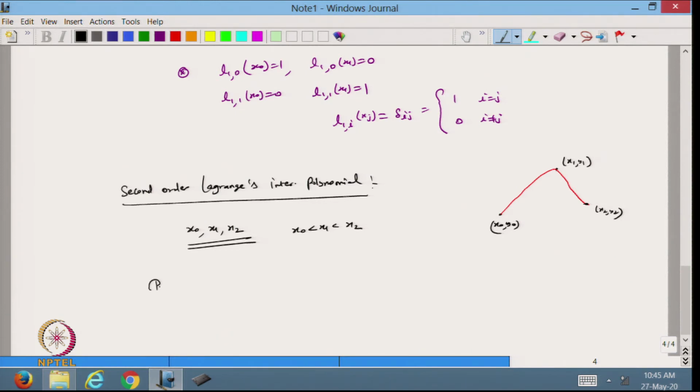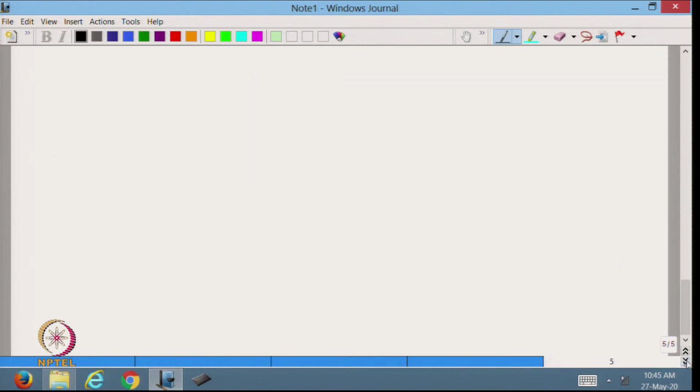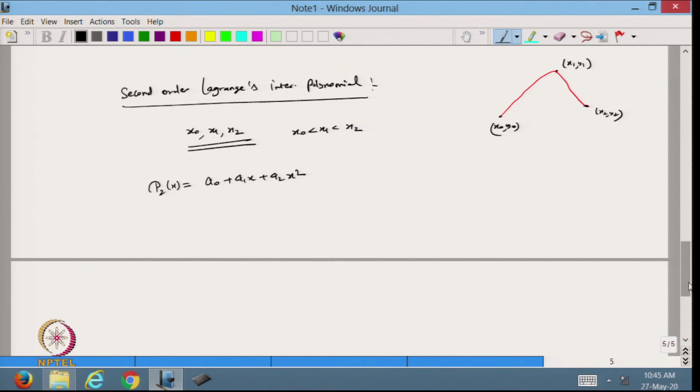So, I will write P2(x). In the form of P2(x), I can start with a0 plus a1 x plus a2 x square, and then I am defining the properties of this one. So P2 at x0 is a0 plus a1 x0 plus a2 x0 square, and that is equal to y0.